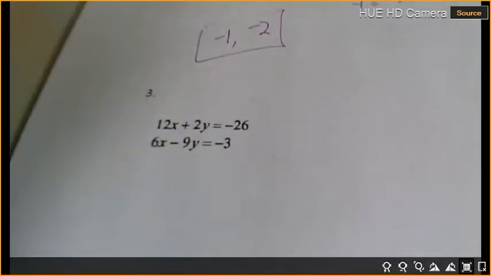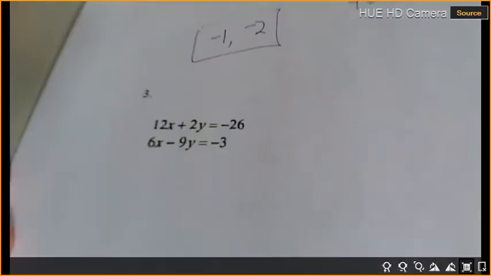We're going to look at number 3. We're again going to have to multiply by something. So we know that if one of them doesn't cancel out, we have to multiply. So looking right up here, what would work?